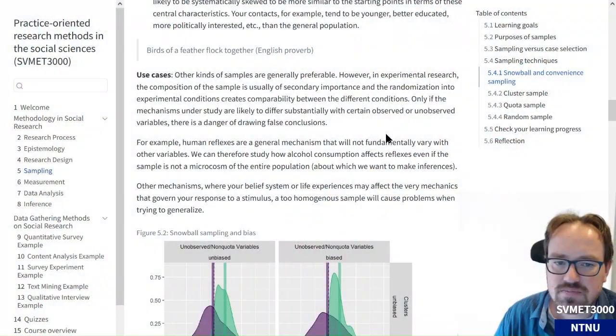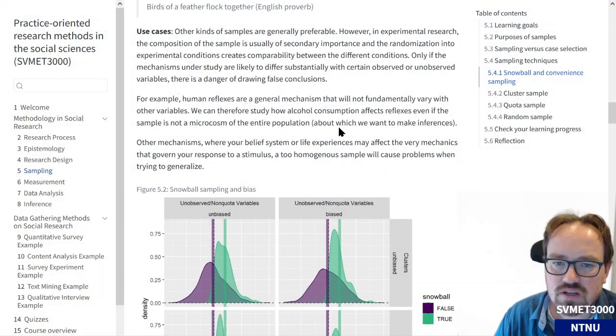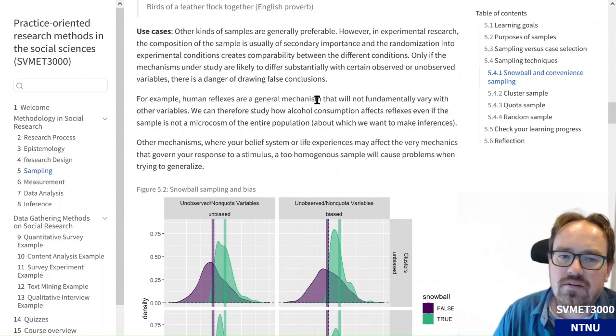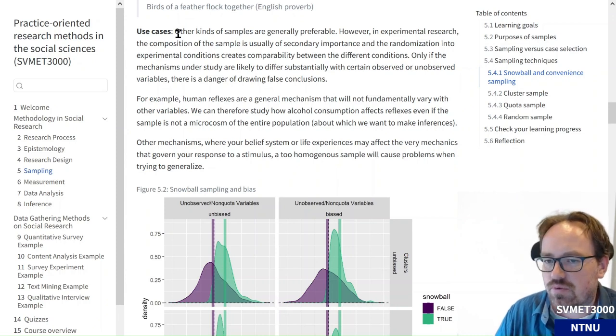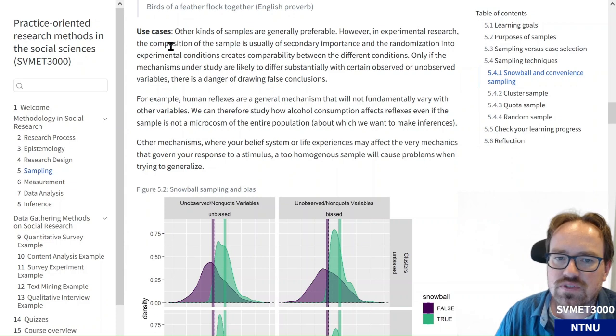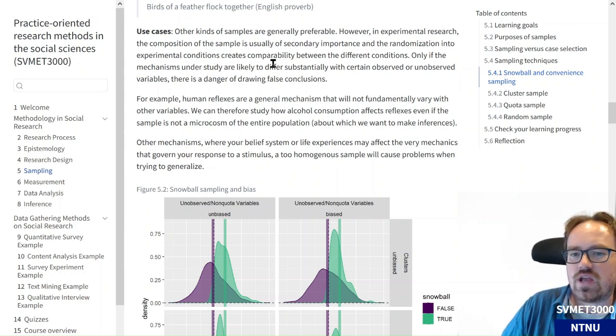But nevertheless, is there a possibility to use such samples? Yes, other kinds of samples are generally preferable. However, in experimental research, the composition of the sample you're studying is usually of secondary importance, and the randomization into experimental conditions creates comparability between the different conditions.